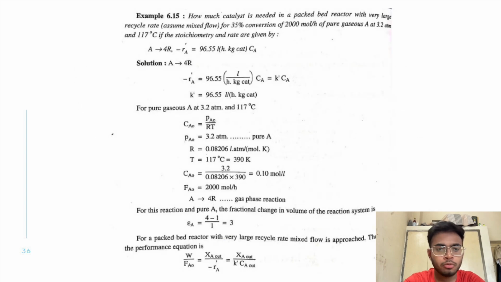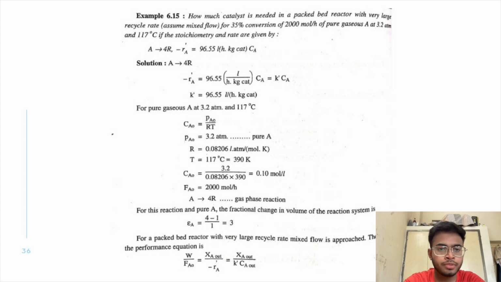Let us consider one more example. How much catalyst is needed in a packed bed reactor with large recycle rate for 35% conversion of 2000 mole per hour of pure gaseous A at 3.2 atmospheres and 117 degrees Celsius?